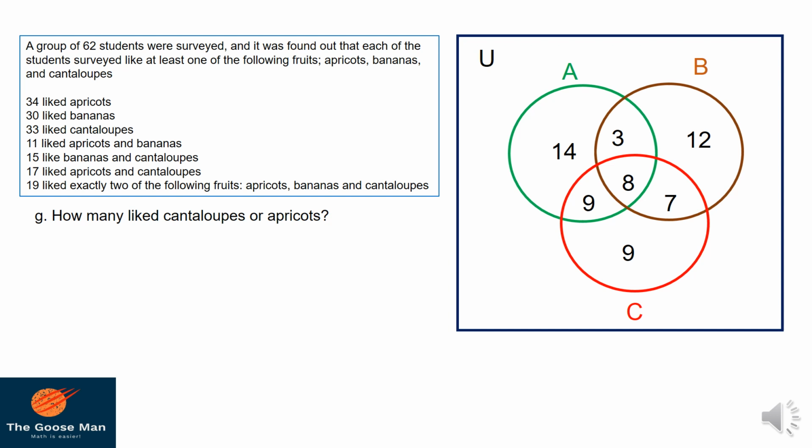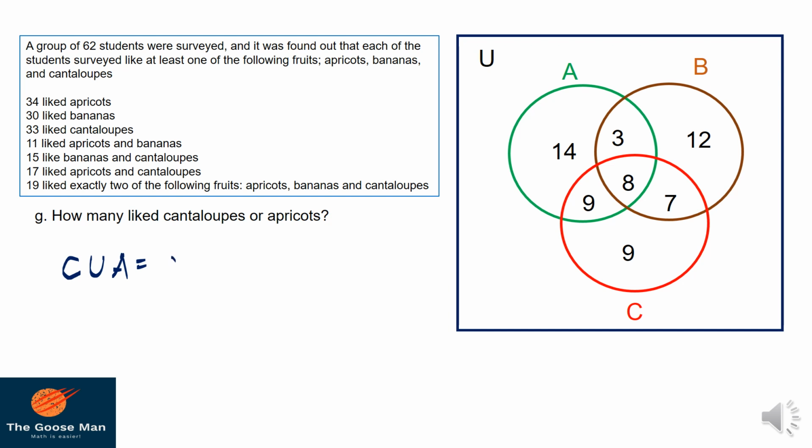Let us now consider the next question. How many like cantaloupes or apricots? Again, let's consult our Venn diagram. If we put the question in symbols, we have the union of cantaloupes and apricots. Let's consider the elements of the cantaloupes: 9, 8, 7, and 9.